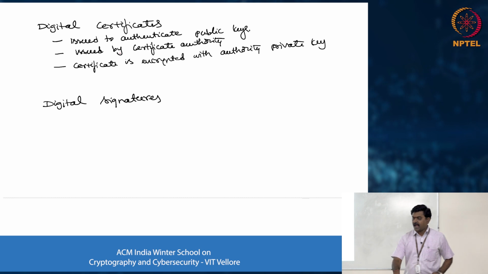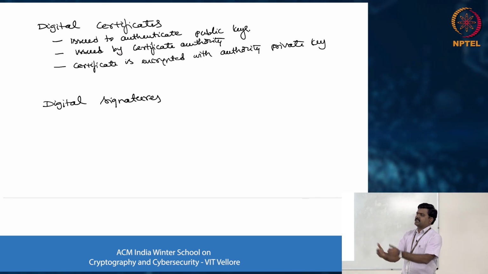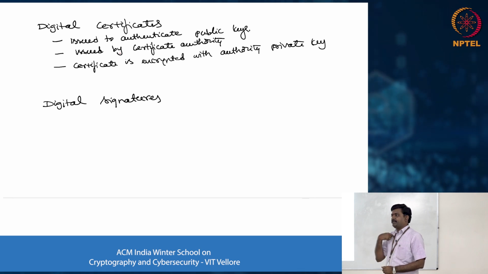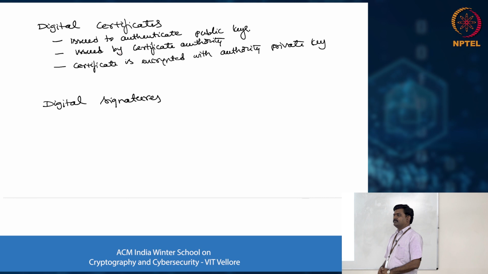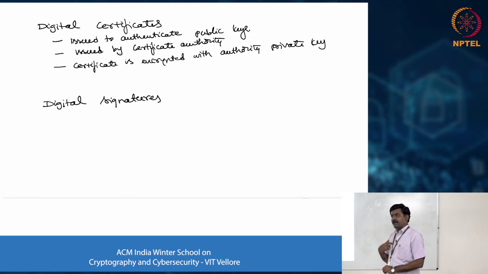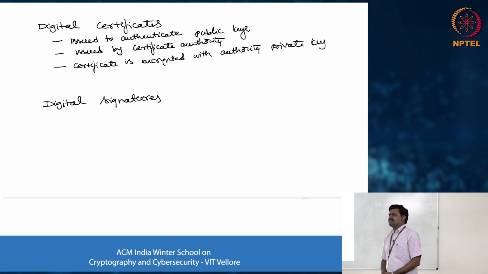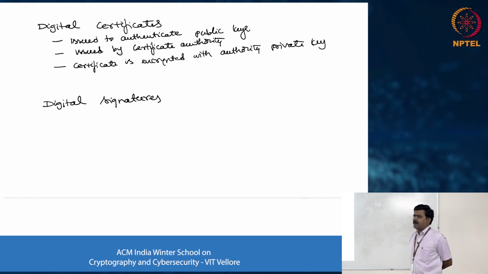So that means I ask the authority, please give me a certificate, and this is my public key. What would the authority do? The authority would encrypt my public key with the authority's private key. So when something is encrypted with the private key, how can it be verified?